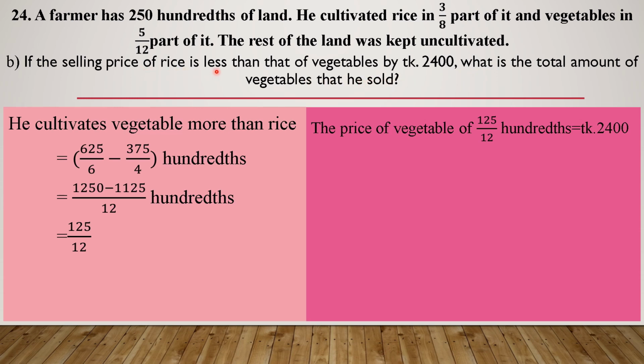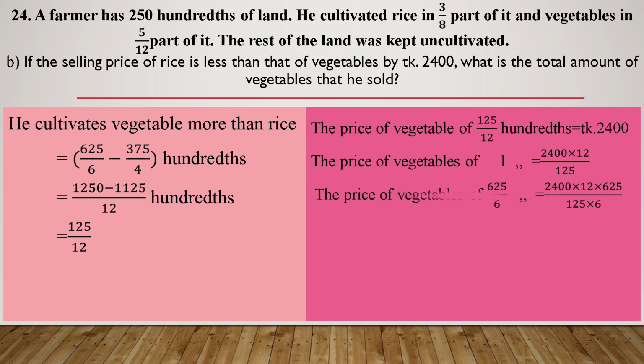So from this line, "less than that of vegetables," we can write down the price of vegetables of 125 by 1200 equals taka 2400. Then the price of vegetables of 100 would be 2400, and it should be reciprocal. That's why 12 is in the numerator position and 125 is in the denominator position.